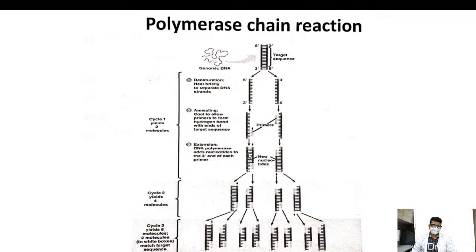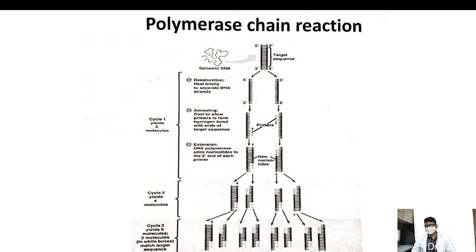Then on the other side, the amplification has got started, and you can see the extension where the dNTPs are added one by one, and you can finally get a daughter DNA where you have two complete strands. In this way, this process happens, and this is one cycle. Then the second cycle starts where again each of these product DNA will get denaturated and primers get attached and extension happens. In that way, the amplification happens exponentially.